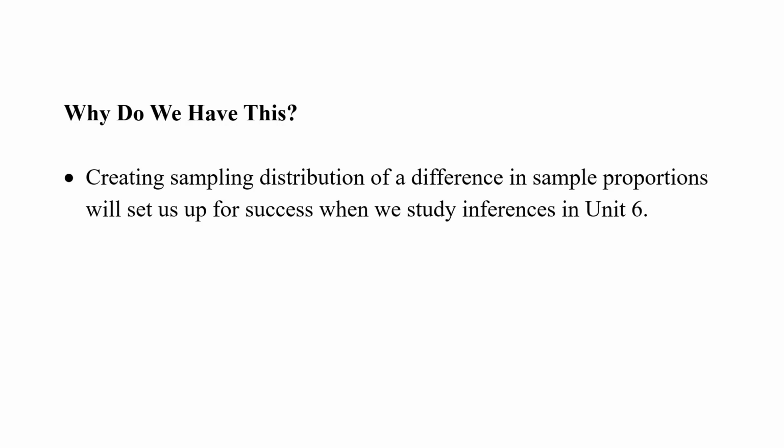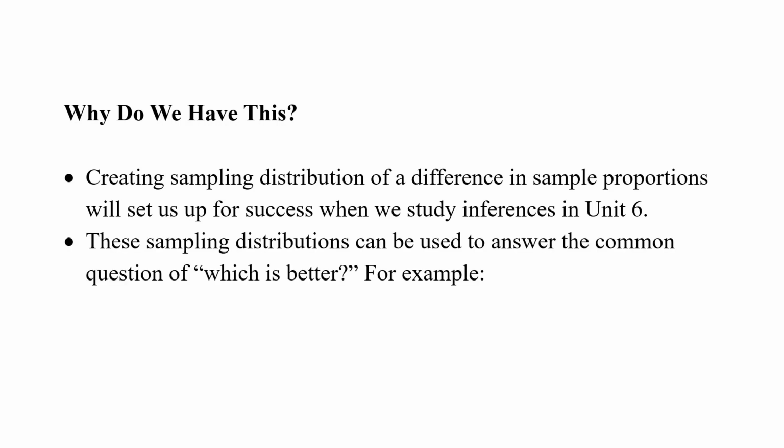It actually is very useful in a lot of studies that we do where we have comparisons. Specifically, we're going to look a lot more at these studies in Unit 6, but what we're doing now kind of sets us up for success in Unit 6. These sampling distributions we're going to create in today's video are used to answer the question of which is better, right?